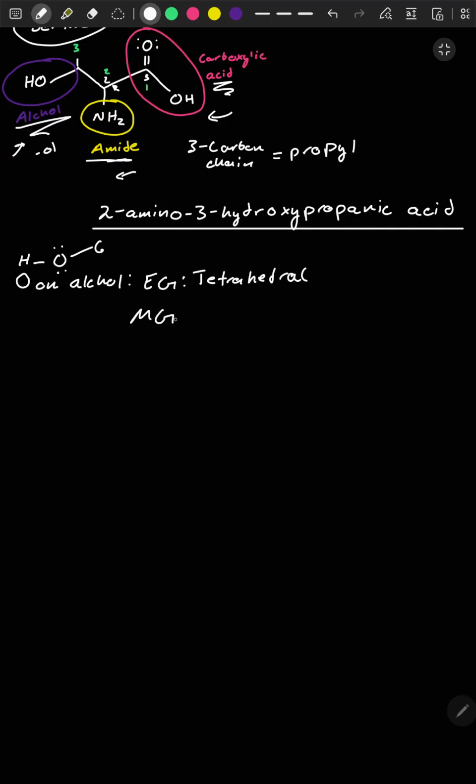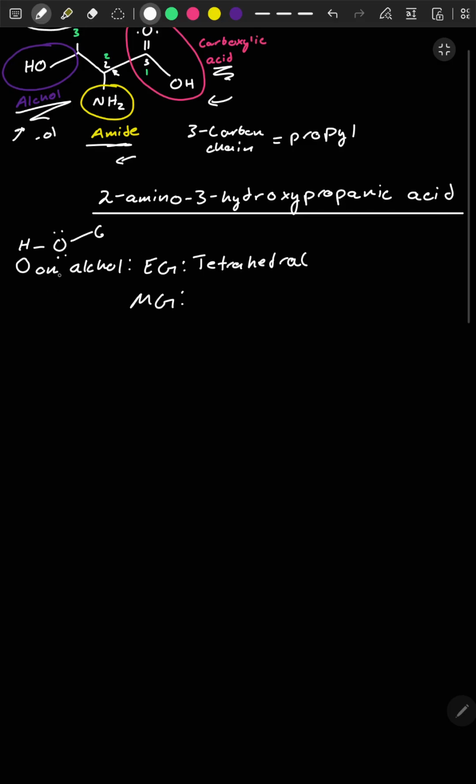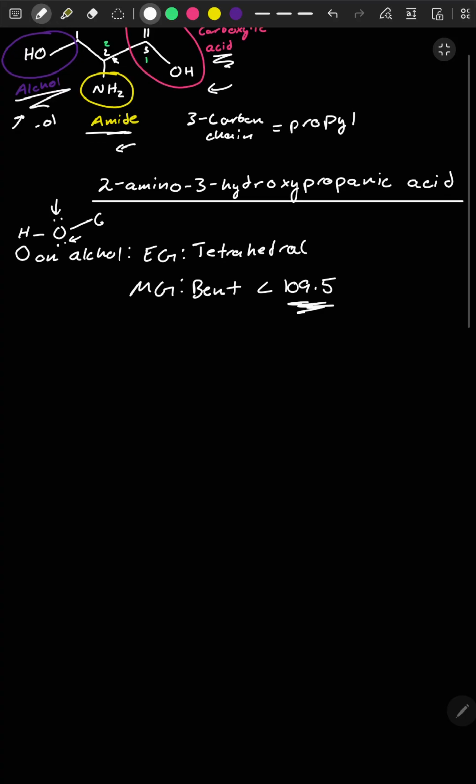But for the molecular geometry, our molecular geometry here is going to be bent, at an angle less than 109.5, because 109.5 is the ideal angle, and we have it less than because these two lone pairs are going to cause it to be smaller.